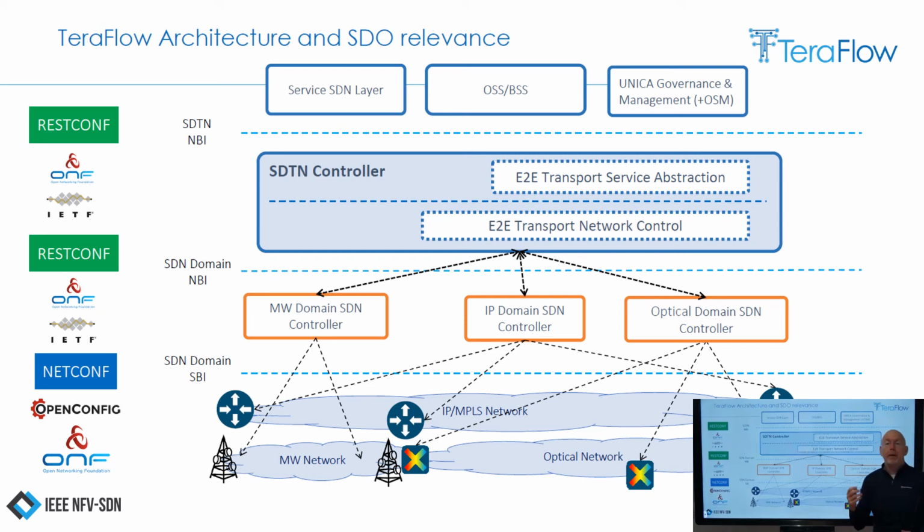These might be ONF, depending, or TIP, the Telecom Infra Project interfaces, if you're using disaggregated ROADM or WDM or FlexiGrid technology, or you might be using IETF device models, and we mentioned WSON, wavelength selective optical networking, or FlexiGrid.